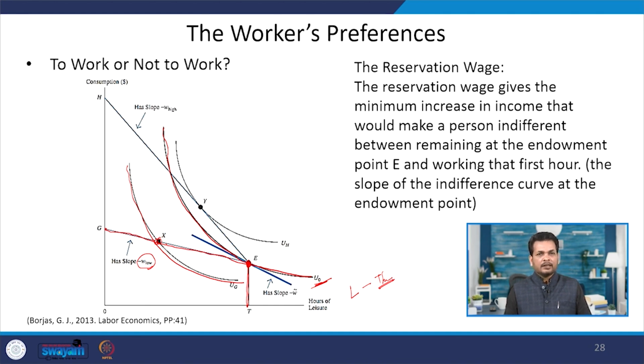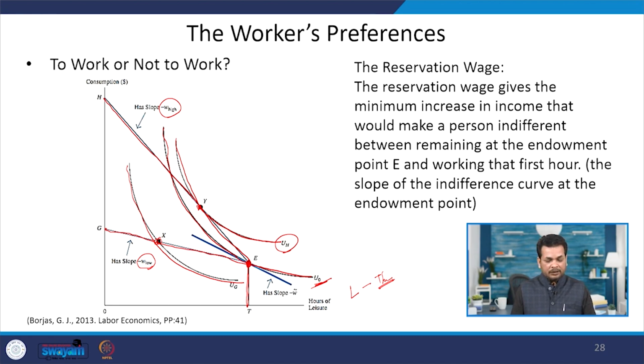Now, let us say a much higher wage rate, a high wage rate WH. With a high wage rate WH, the worker's opportunity set is HE, and the worker finds his utility maximizing point at point Y, operating at a higher utility function UH.